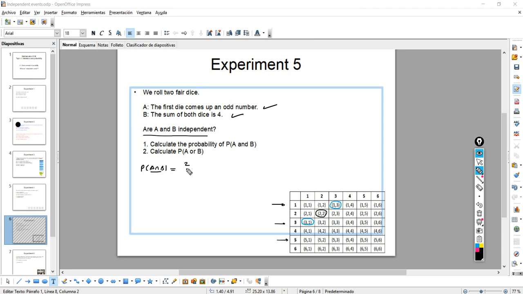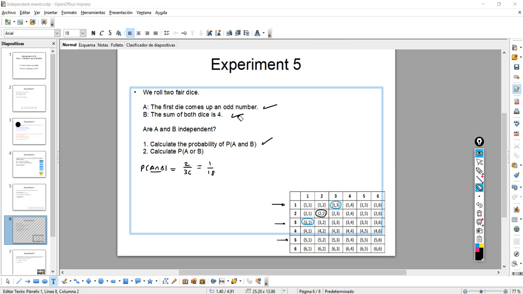So it's 2 over how many possible outcomes? 36. And let's reduce this fraction to get 1/18. So we have already solved this question without making reference to any formula or anything complicated, just by counting the possible outcomes.